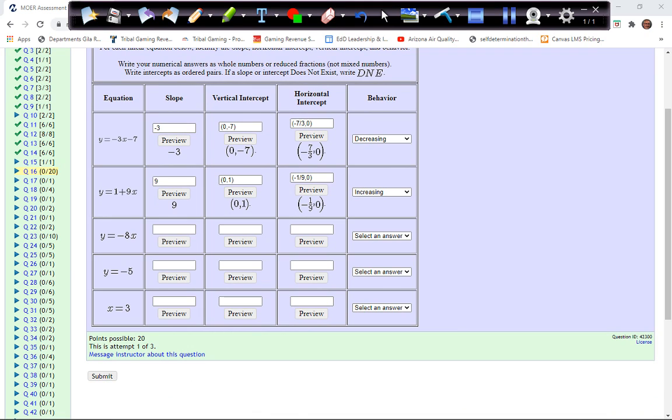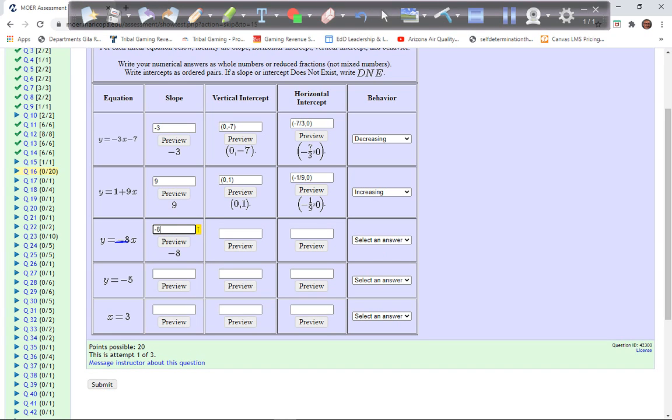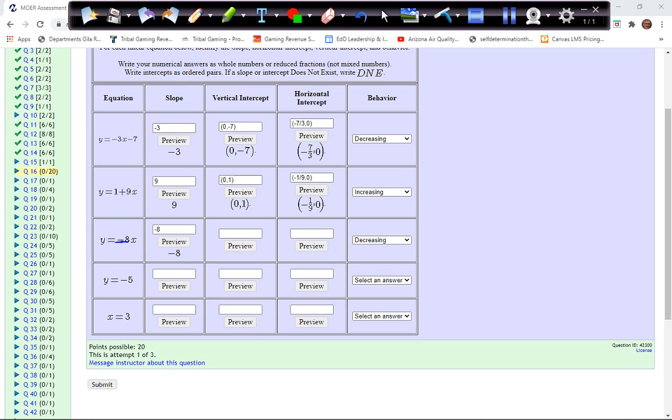Now this one, our slope is -8. That's all we have to write, so -8 over 1. It's got a negative slope. Negative slope means it is decreasing. The line is going downhill. Vertical intercept, now this one, you say, well, there is no vertical intercept, but it's really plus 0, so (0, 0).